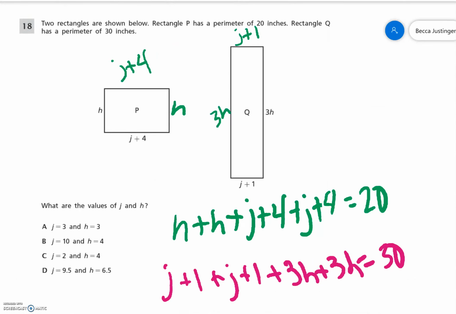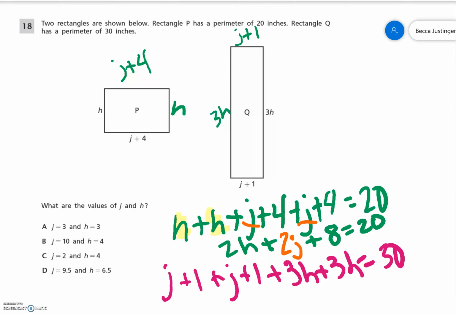So we can combine like terms. This has 2 H's. So 2H plus, there's also 2 J's. And then 4 plus 4 is 8 equals 20.